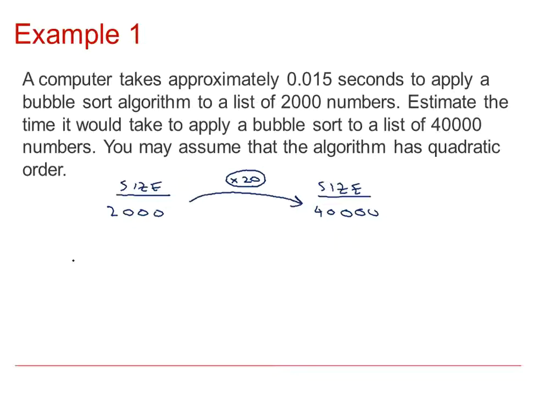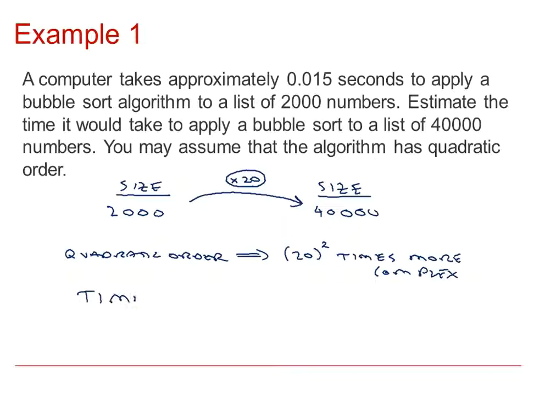Because the bubble sort algorithm is of quadratic order, that implies that if the problem we're going to do is 20 times bigger, then it is going to be 20 squared times more complex than the first problem.